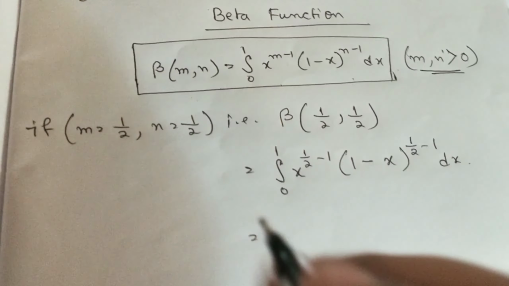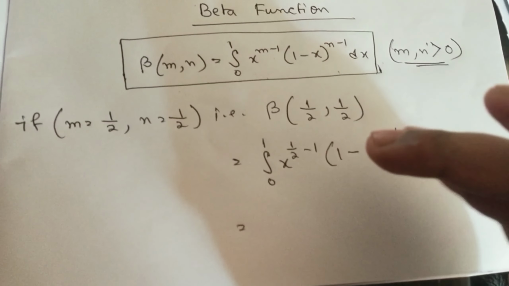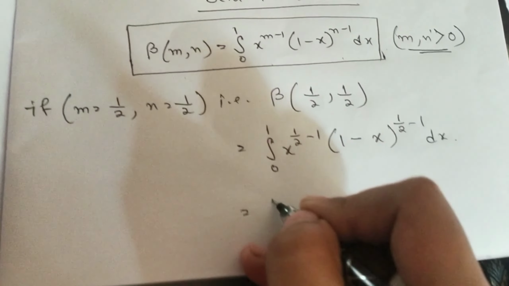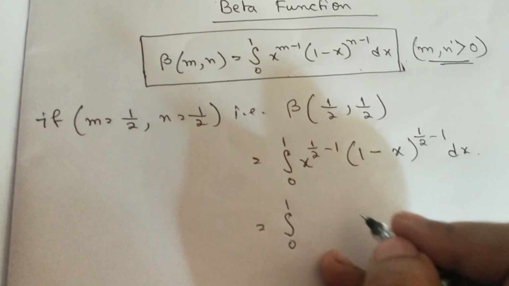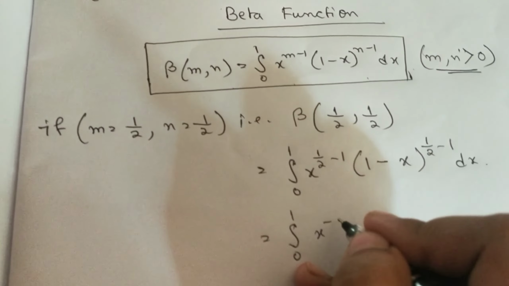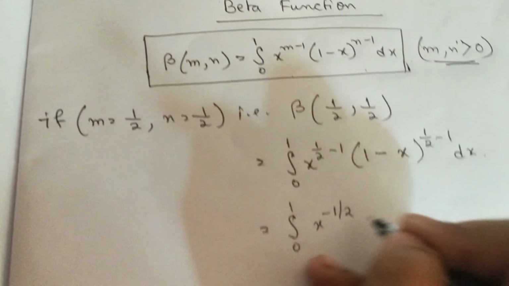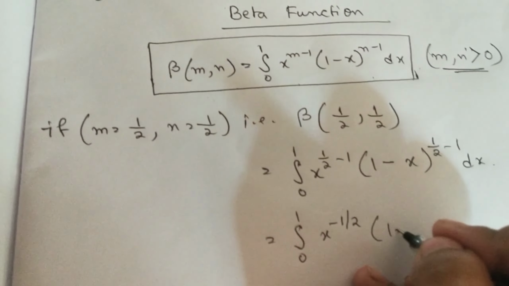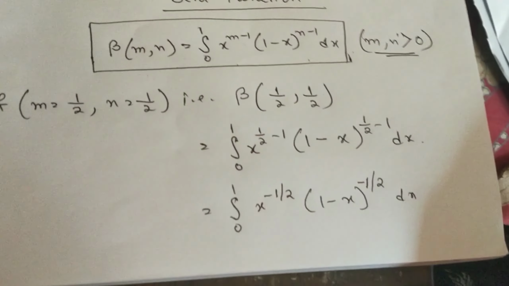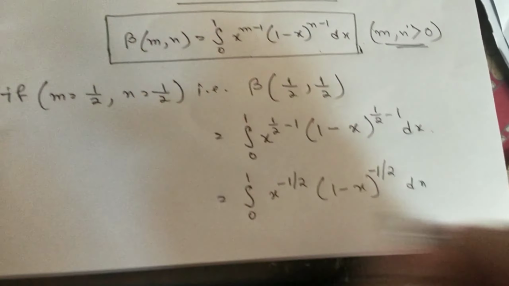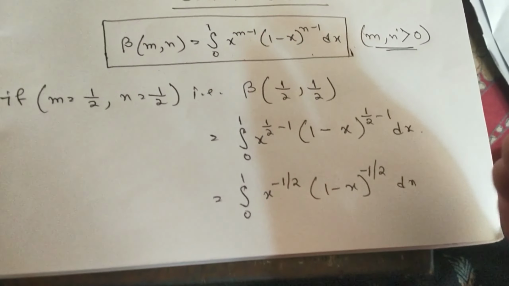Now let us do the simplest form of this. So 0 to 1, we can write x to the power minus half, 1 minus x to the power minus half dx. So this is the simplest form.